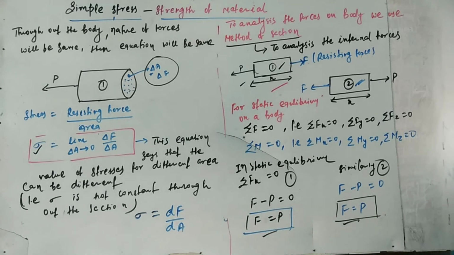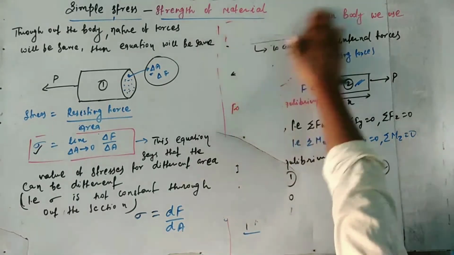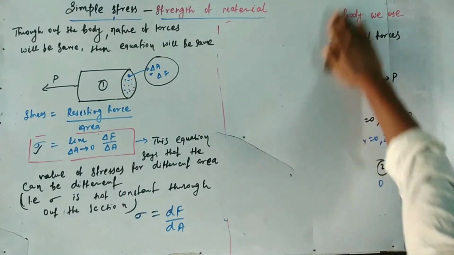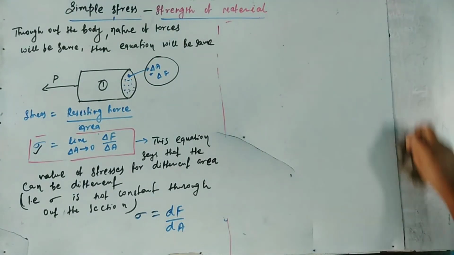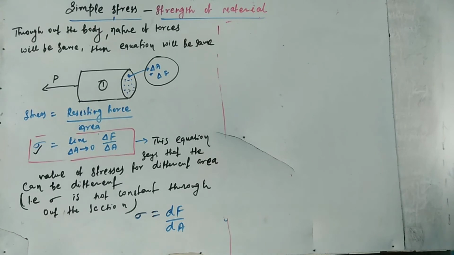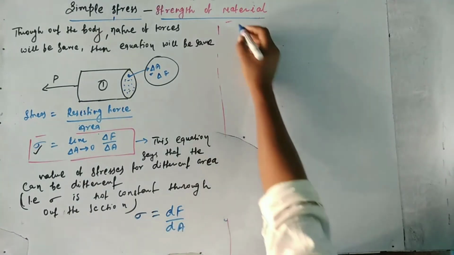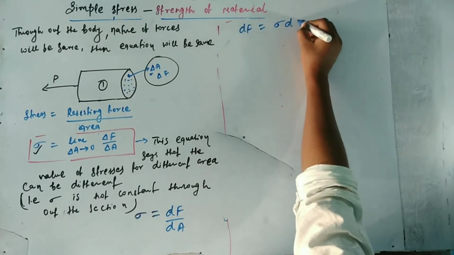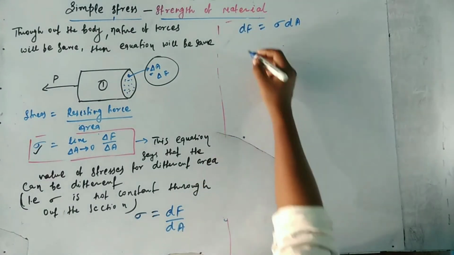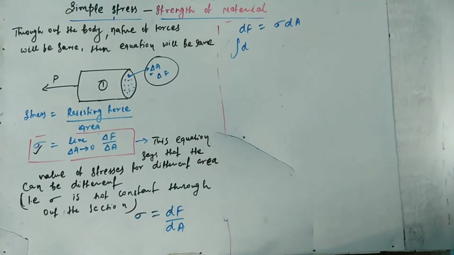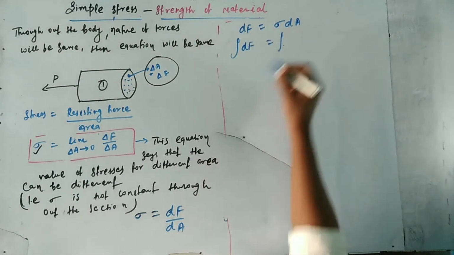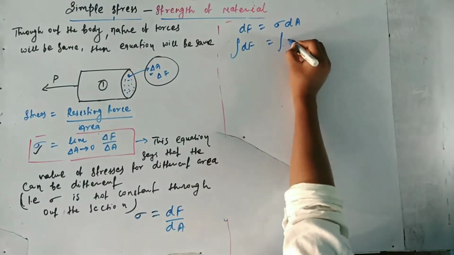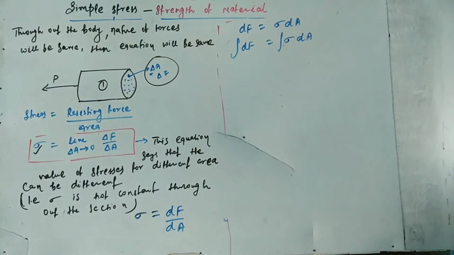Therefore dF is equal to sigma dA. Now integrate the equation: integration of dF is equal to integration of sigma dA. So here sigma is not constant.